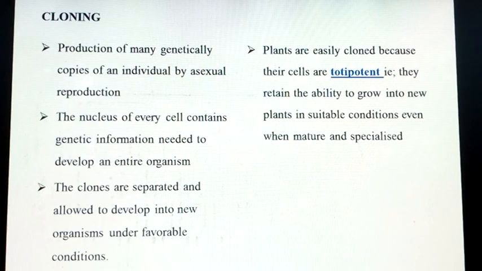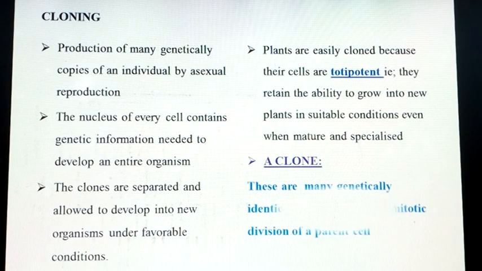When we are cloning, it is easier to clone plant cells than animal cells because plant cells are totipotent and they retain their ability to grow into new plants when suitable conditions are available, even when they are mature and specialized, unlike animal cells which do not retain such an ability.